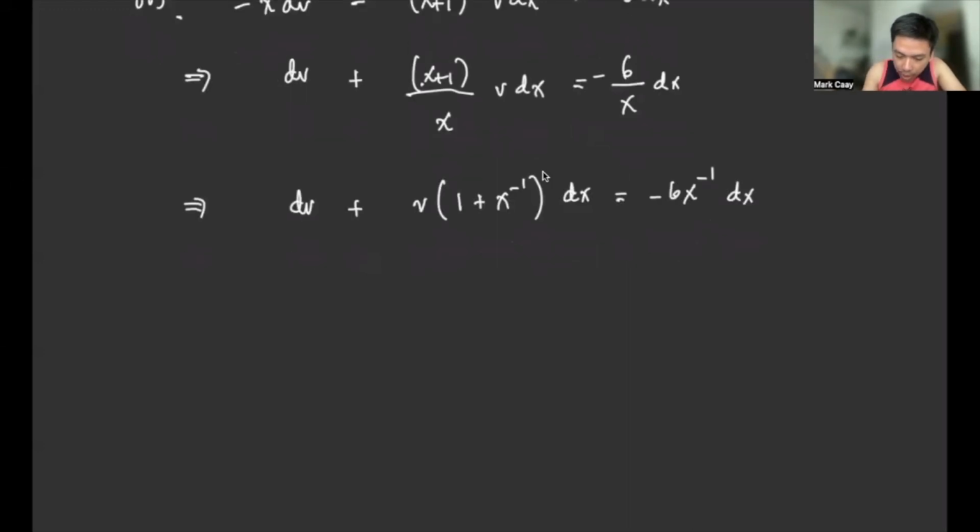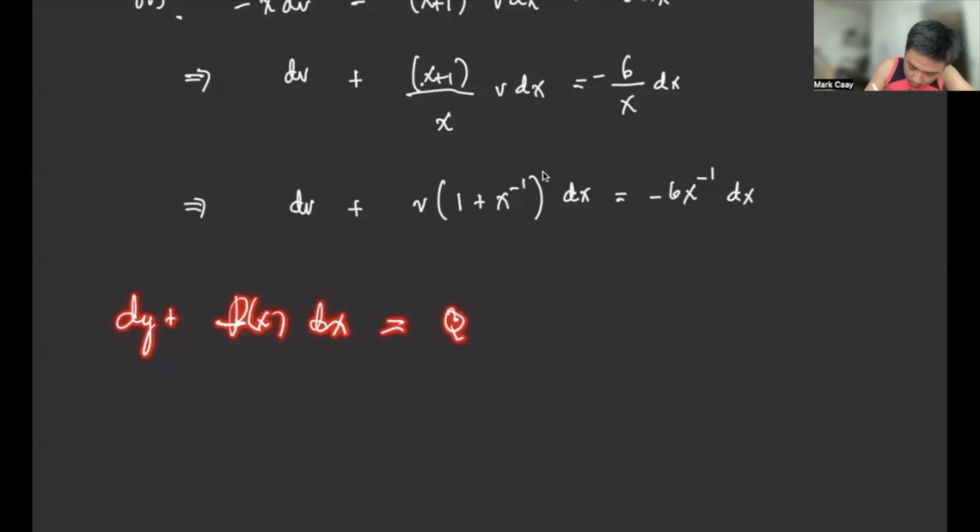Tama. And so, we will now be solving this by integrating factor. Kasi ito yung format eh. Ganito na. Na-remember nyo dati this is dy plus a function, let's say p of x dx equals, this is something q of x dx.